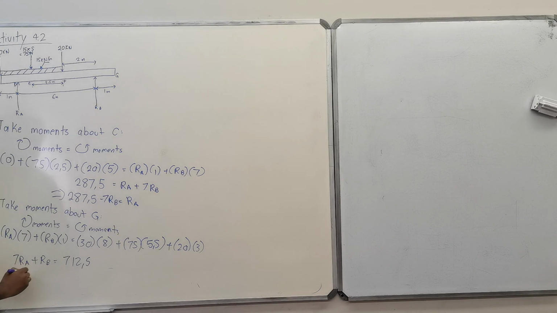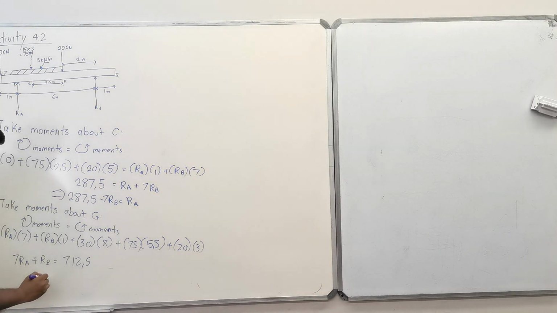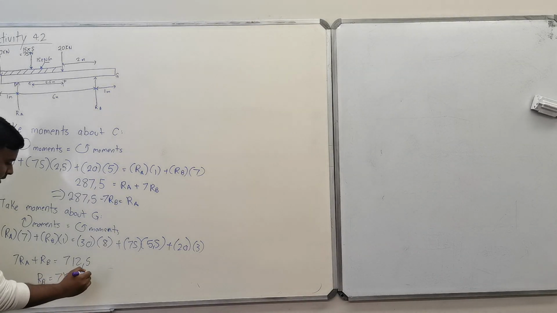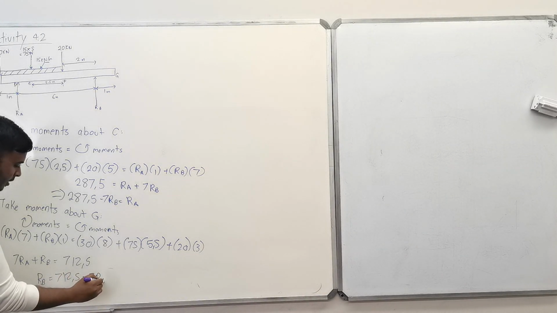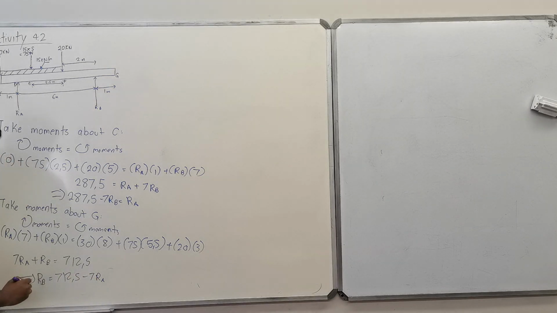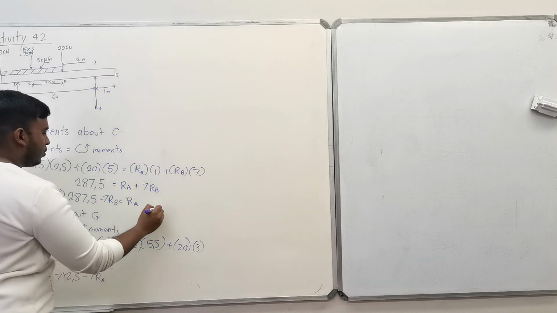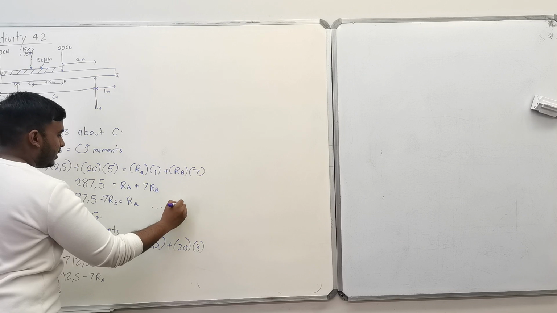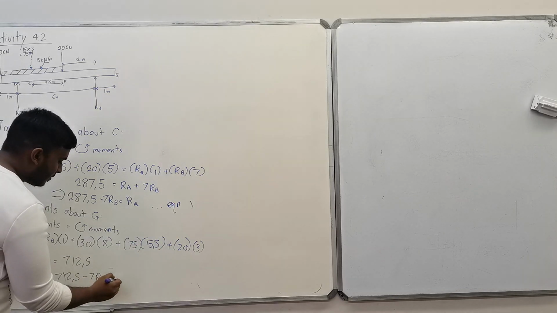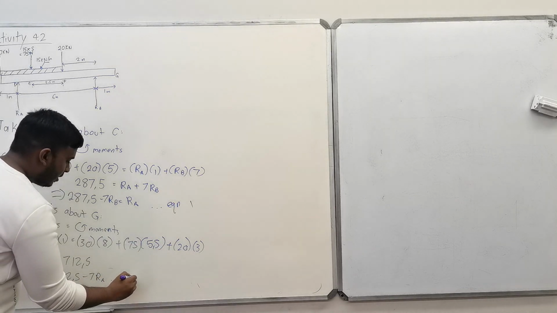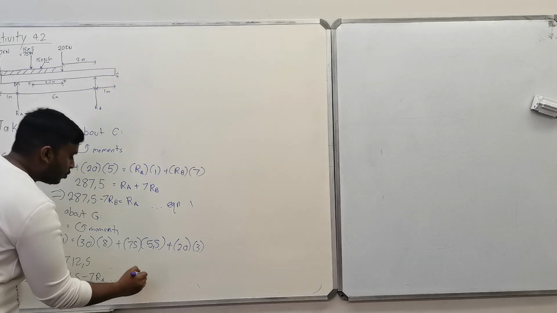712.5. So then you can say RB is equal to 712.5 minus 7 RA. So now we've got 2 equations, right? This is equation 1. This is equation 2.